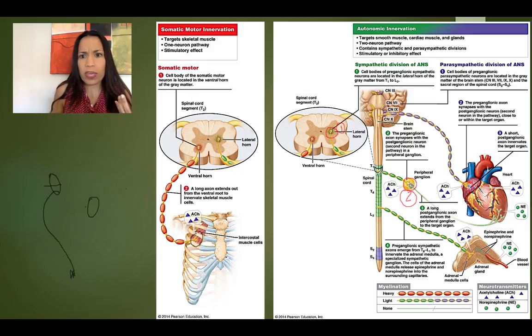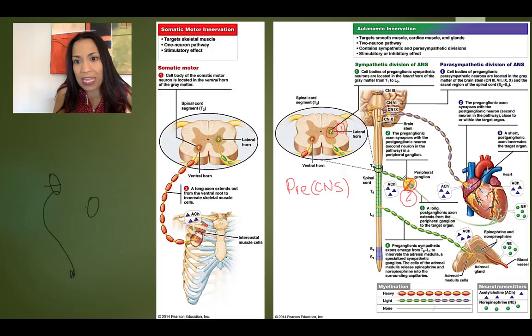So how do you think we can call this first neuron, which is this one? Because it's before the synapse, we're going to call it presynaptic neuron.